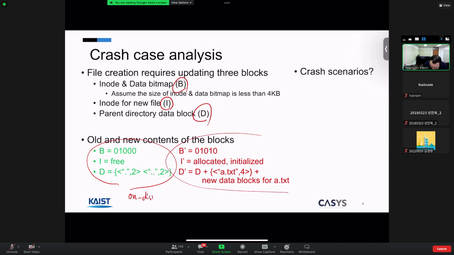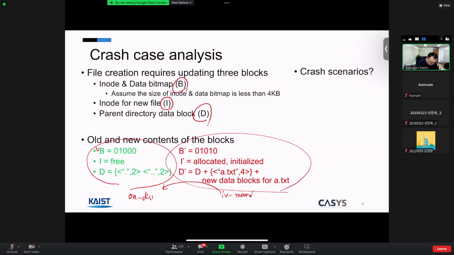And these are the new in-memory states, updated by the file system, that have to be applied. So three distinct writes happen in some cases, for example, when new blocks are allocated, or a new inode is allocated, or you append new blocks. So you are writing B, I, D.